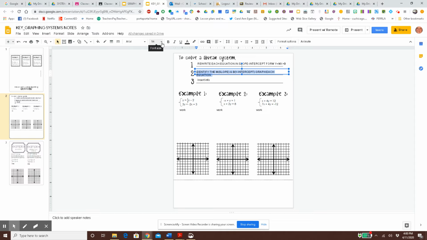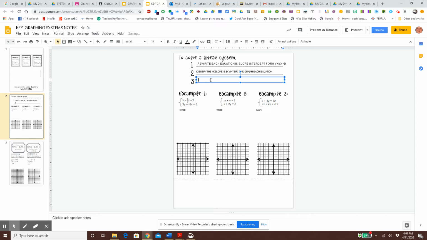I'm going to change that to 12 point to make it fit. So I need to identify the m and the b for each equation and then graph each equation.